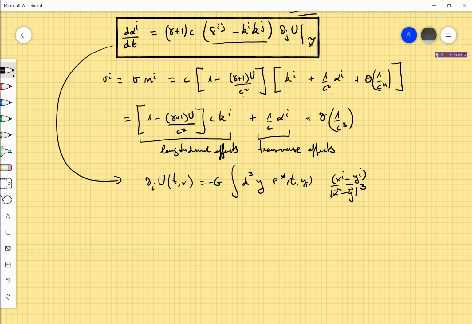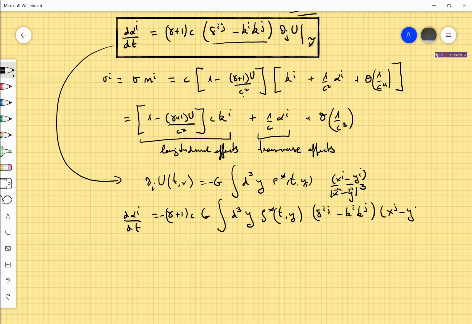This is d_i of U, and now you plug this into the equation, and you get that d alpha_i over dt is minus (gamma plus 1) over c, times G, the integral d^3y rho star of y, and then the projector delta_ij minus k_i k_j, which is acting on x_j minus y_j, and all this divided by |x minus y| cubed.